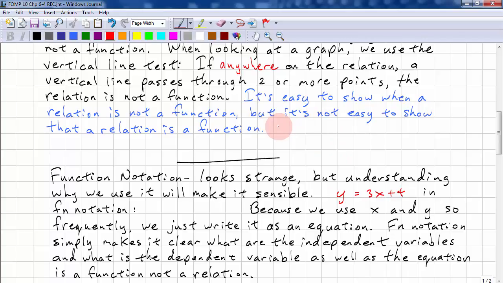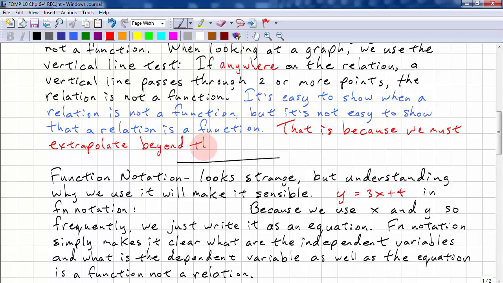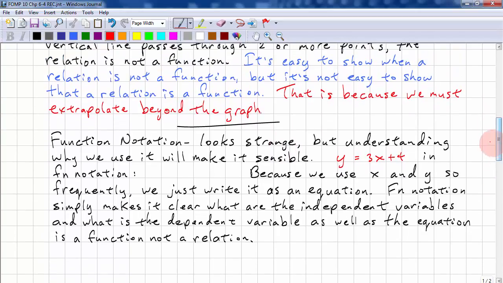And we'll write that as that is because we must extrapolate beyond the graph. Extrapolate means to figure out what's going on beyond the visible part of the graph.